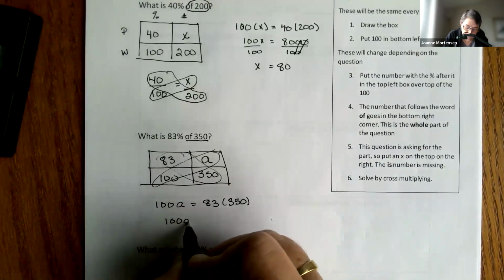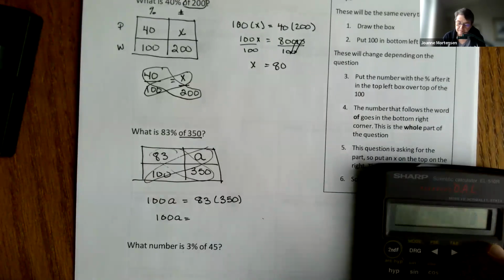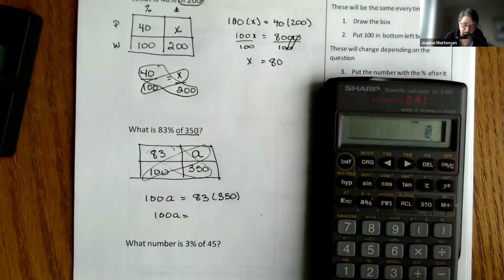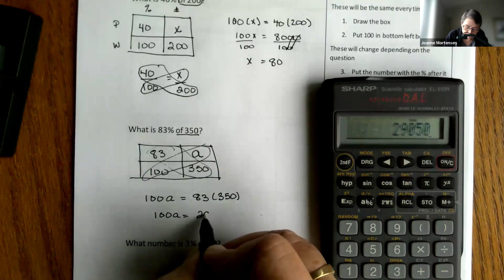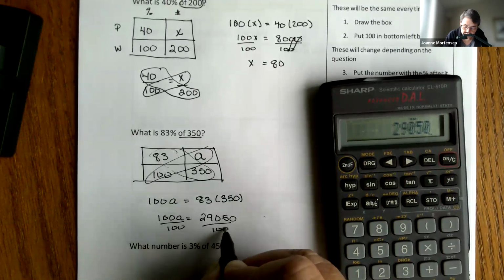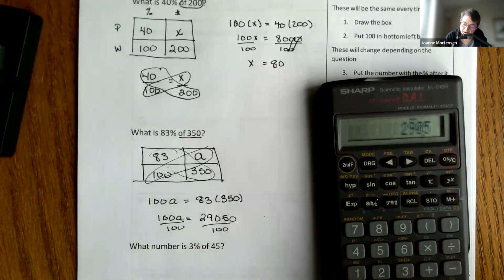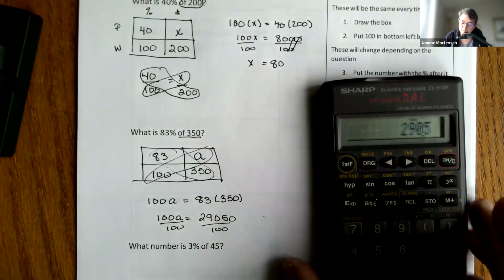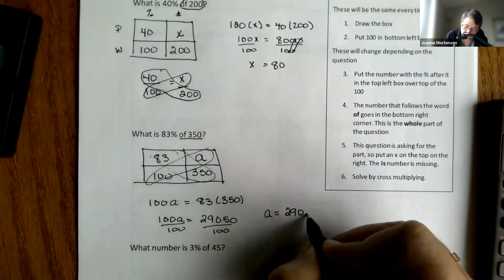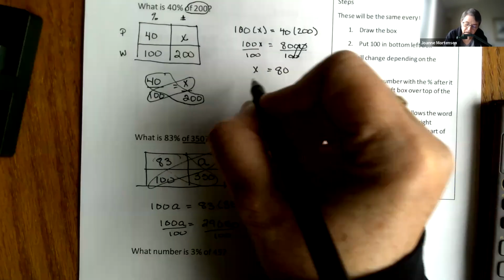So 100A is equal to 83 times 350. 83 times 350, there we go, 29,050. Then dividing by 100, A is $290.50. And there we go.